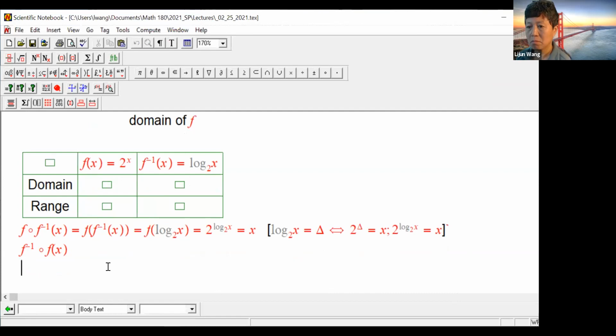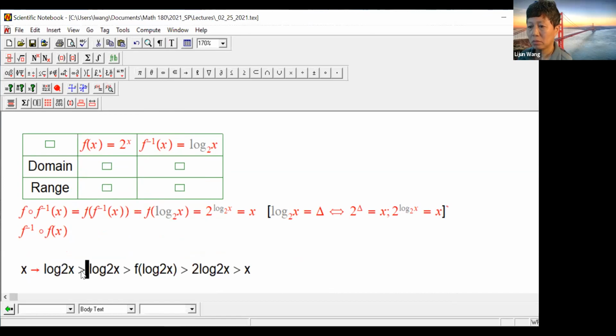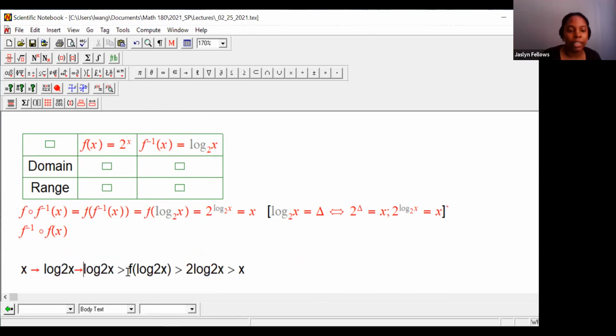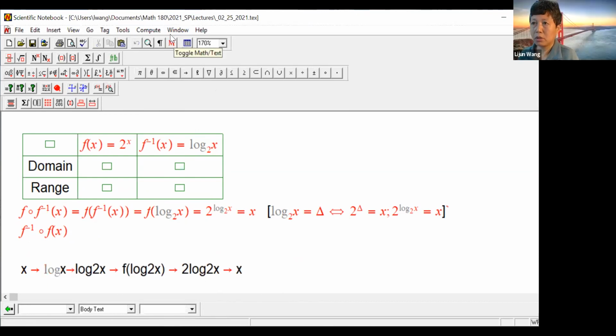So this is an arrow, right? Yes. Although mine's a little different. So this will be probably log base 2, right?